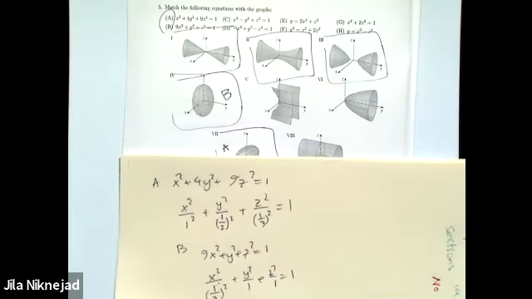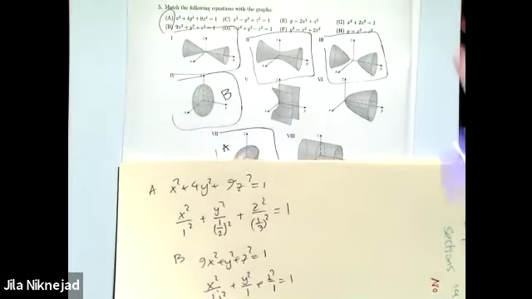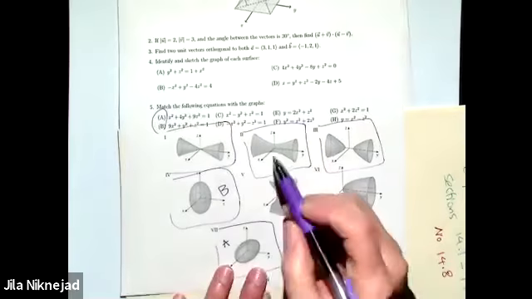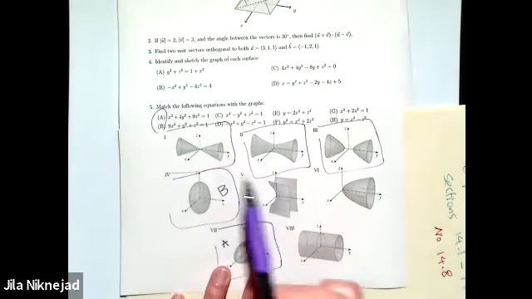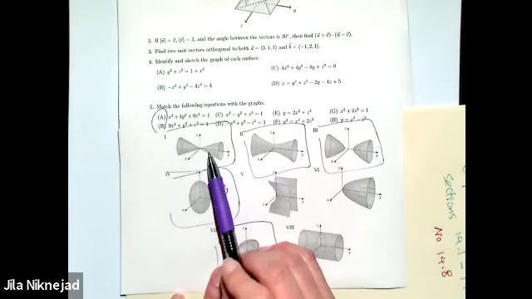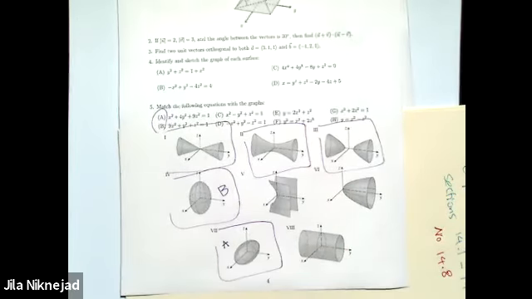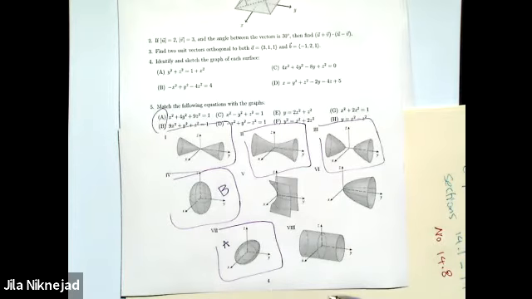Now, let's see which one is the cone. With a cone, if I take all the variables to one side and complete the squares, I should get 0 on the other side.